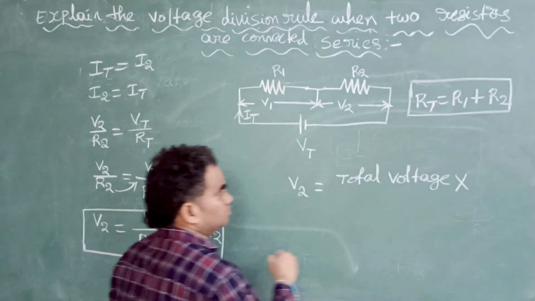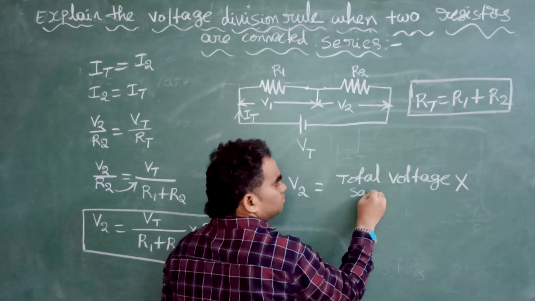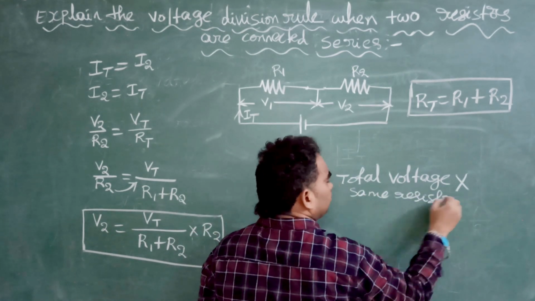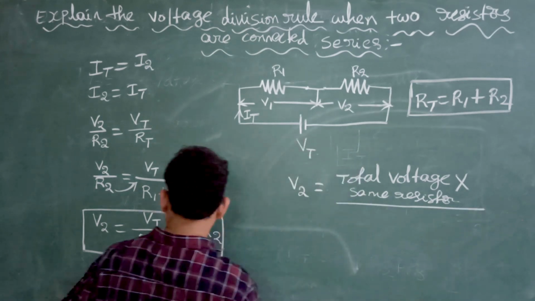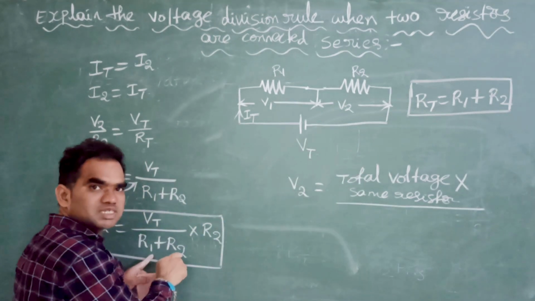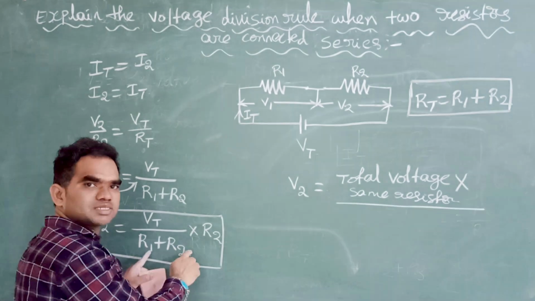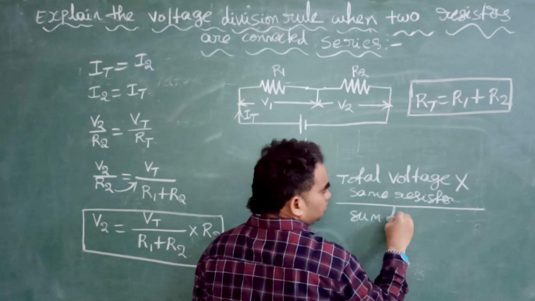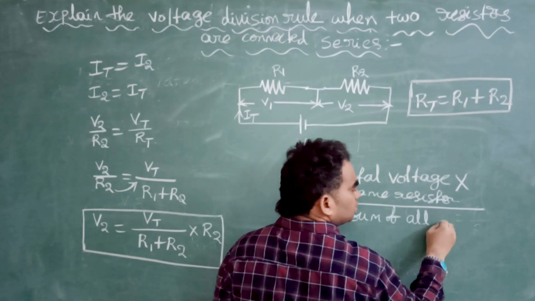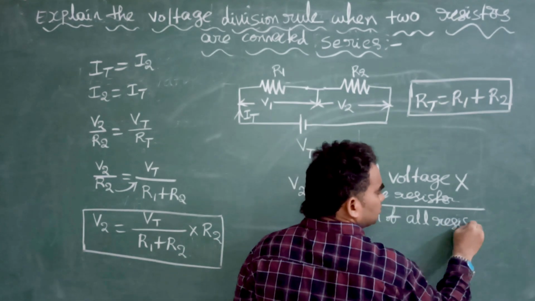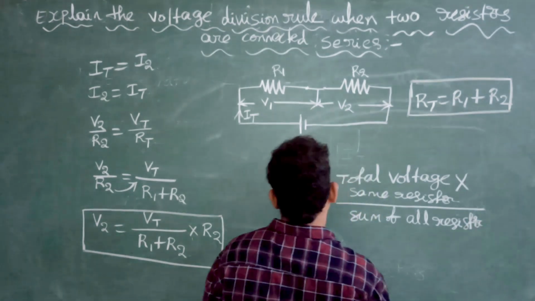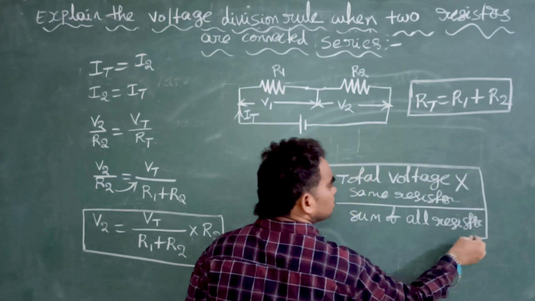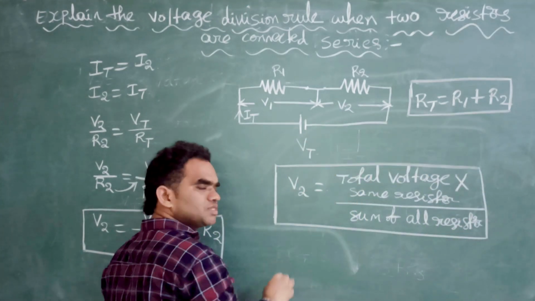Same resistor by sum of the two resistors, over sum of all resistors. This is the voltage across the second resistor formula in the voltage division rule form.